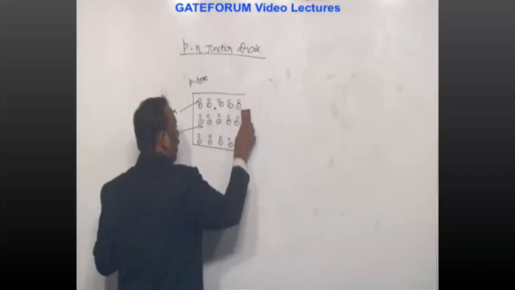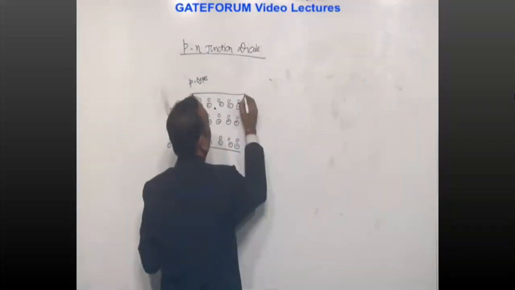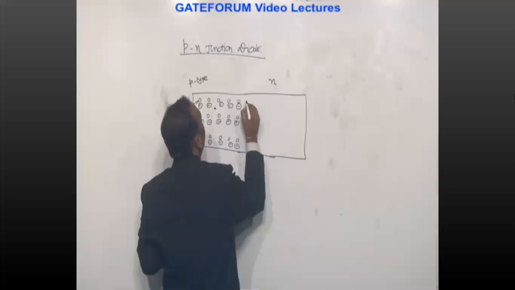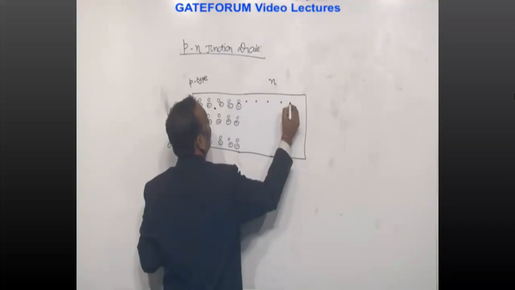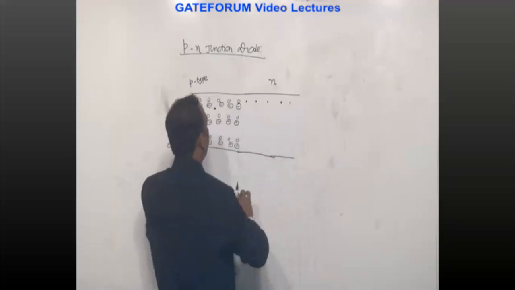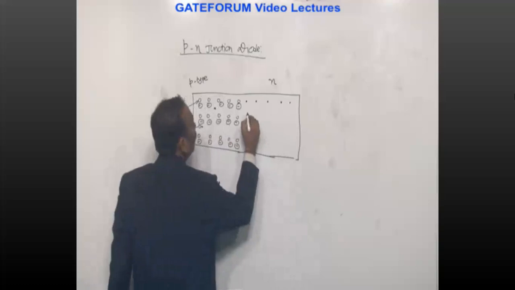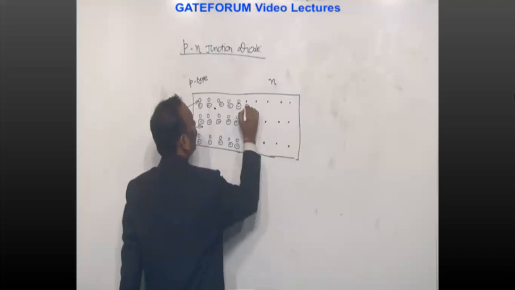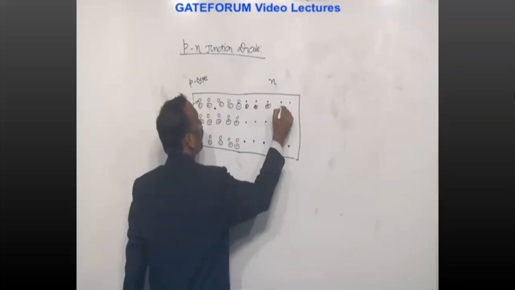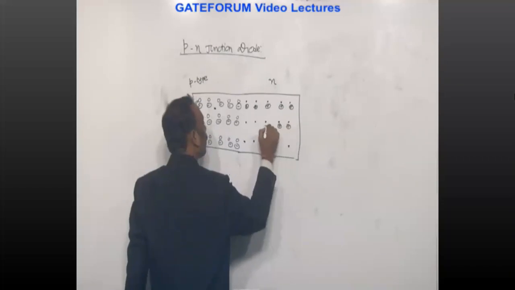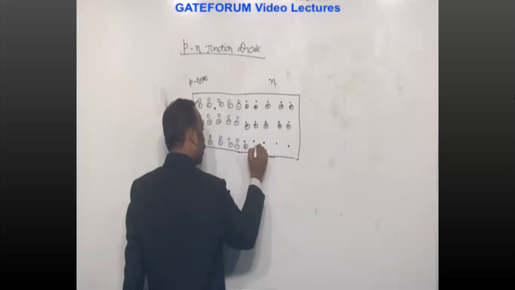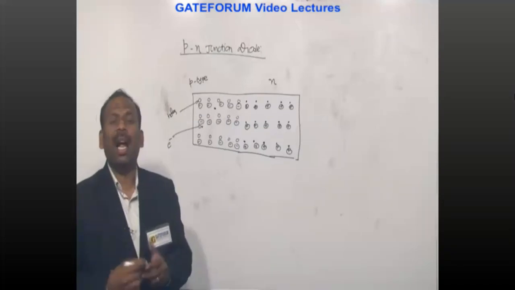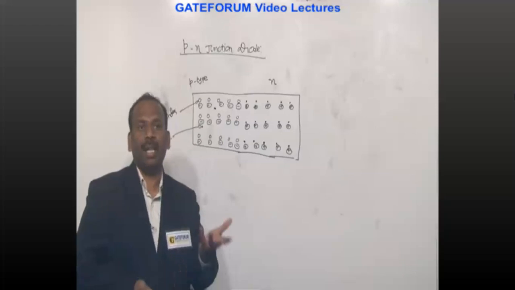Now, this is a p-type semiconductor. We have taken a silicon or germanium crystal. On one side we have added boron impurities, nothing but acceptor impurities.